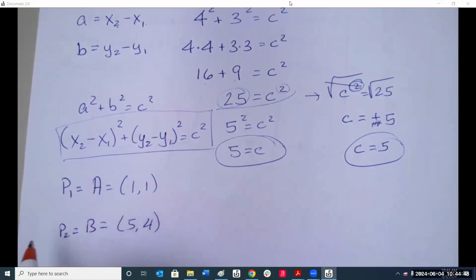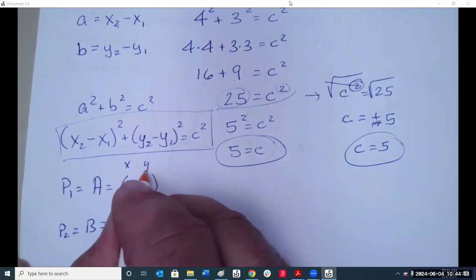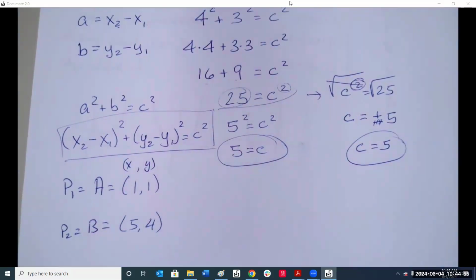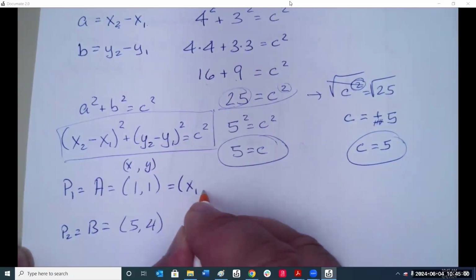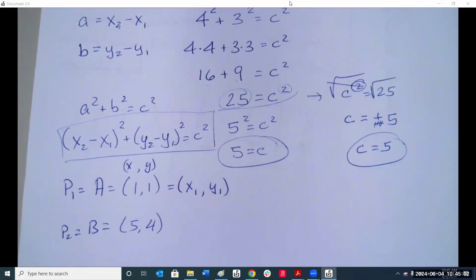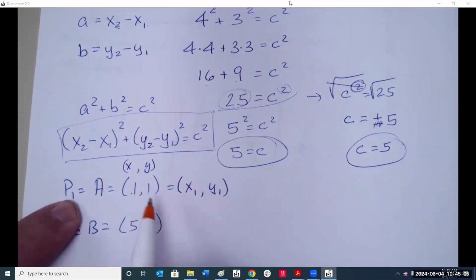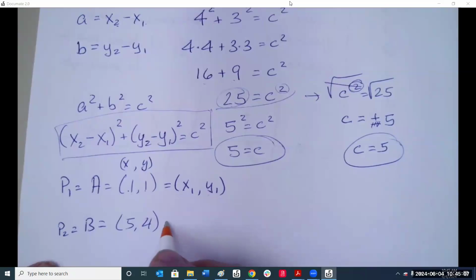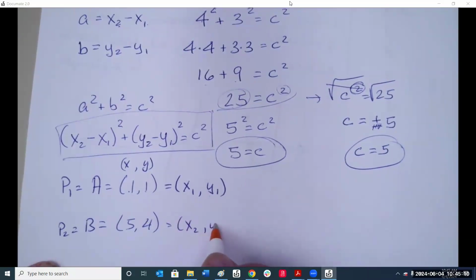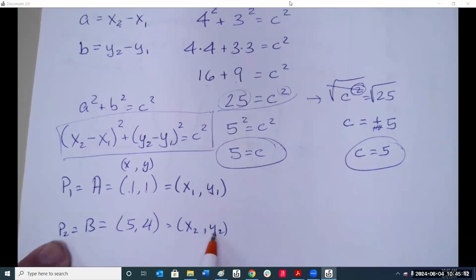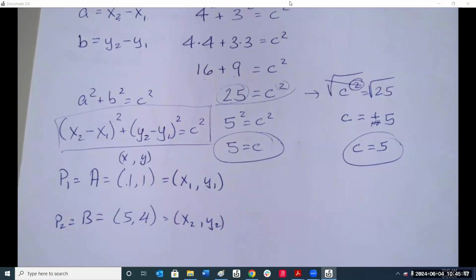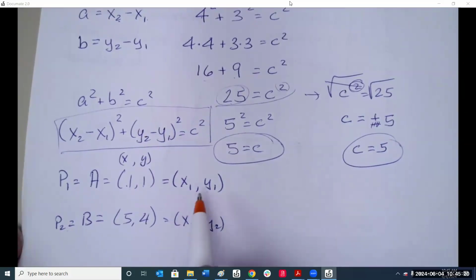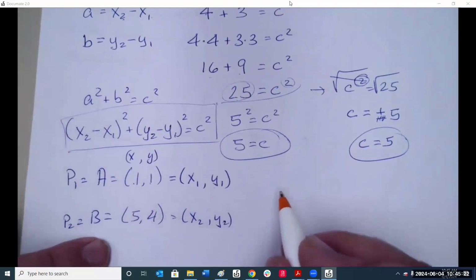Notice these subscripts tell us which they are, the indexes. Remember, these are X's and Y's inside the points. So these are X1, Y1, the X and Y of the first point. X2, Y2 are the X and Y of the second point. All we do now is label these things.